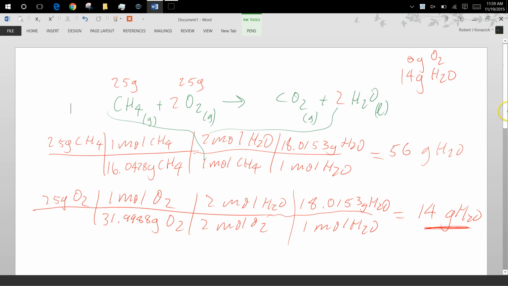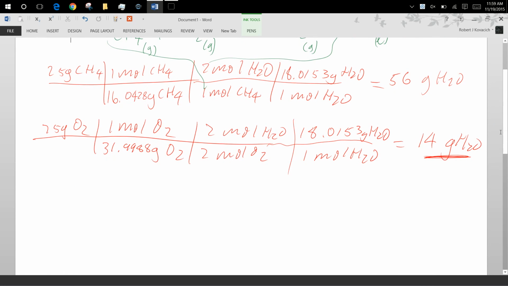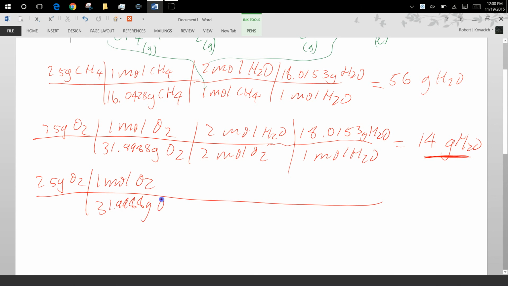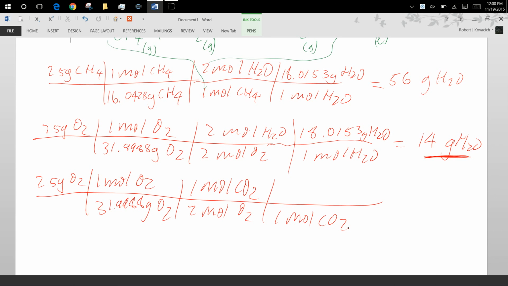Now let's figure out how many grams of CO2 are going to be made. So 25 grams of O2, 1 mole O2, 31.9988 grams of O2. It was 2 moles of O2 for every 1 mole of CO2, 1 mole of CO2, and then it's got a 31.9988 plus 12.011, and so this is 44.0098 grams of CO2.